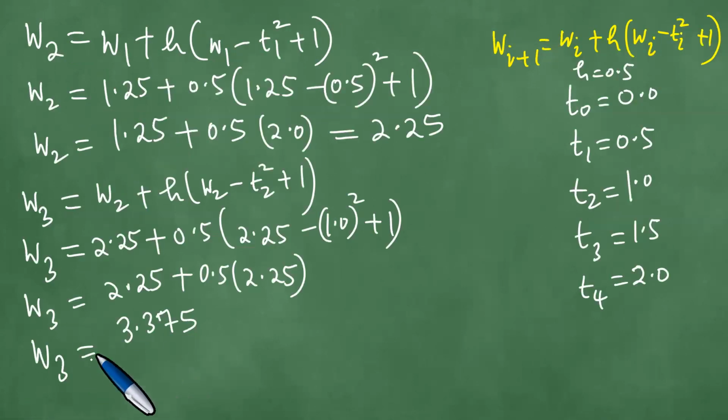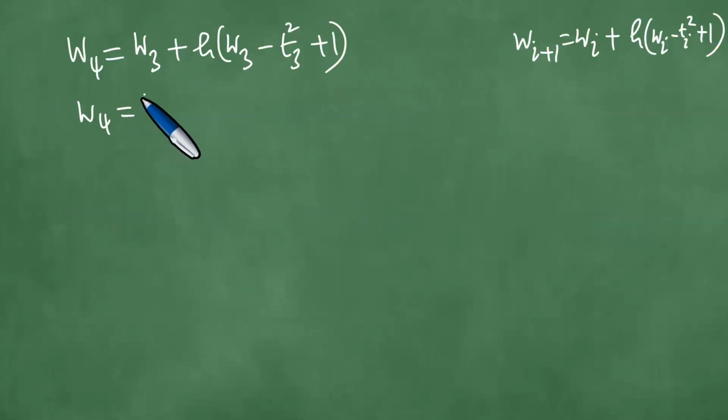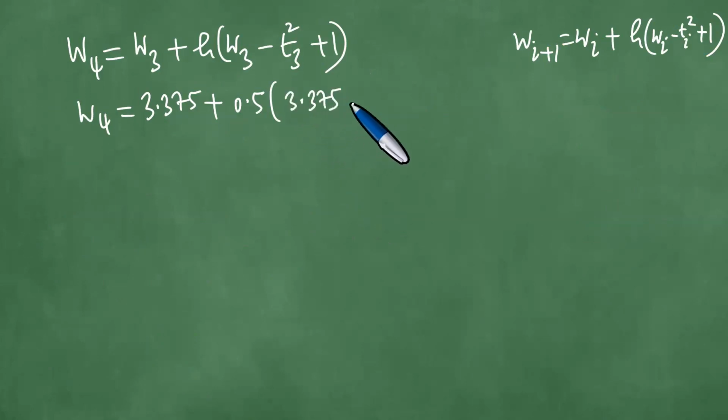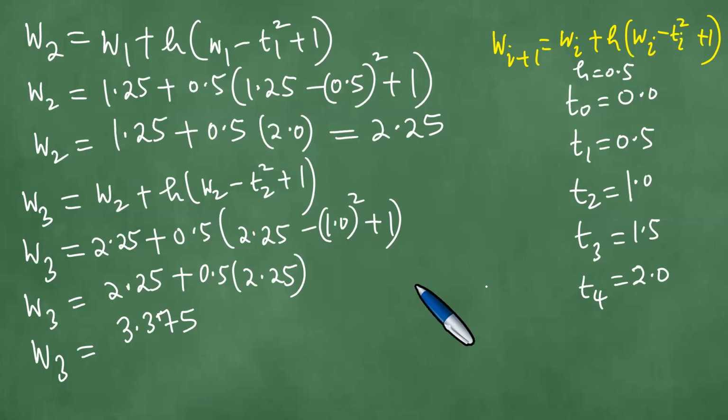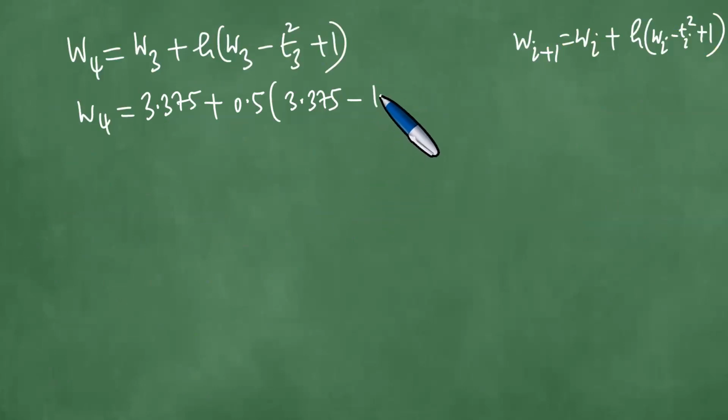W3 is 3.375, okay? So W3 is 3.375 plus h, 0.5. And then W3 is 3.375 minus T3. What is T3? Right, so we check. T3 is 1.5. Yeah, 1.5.